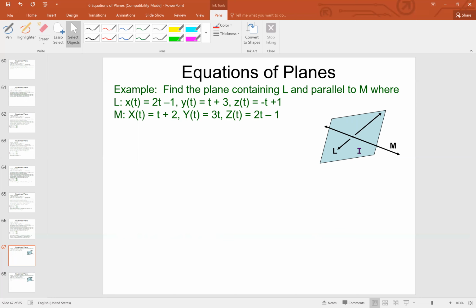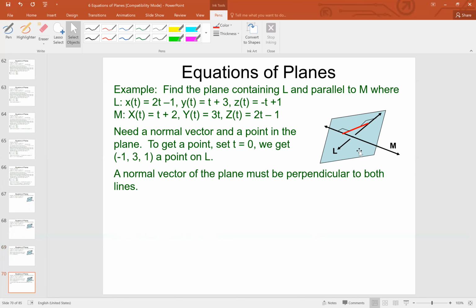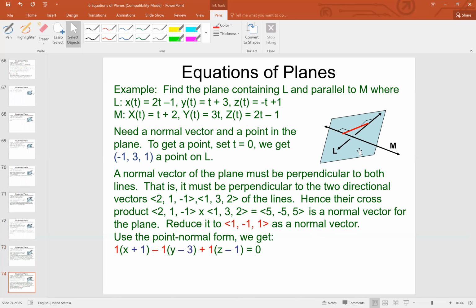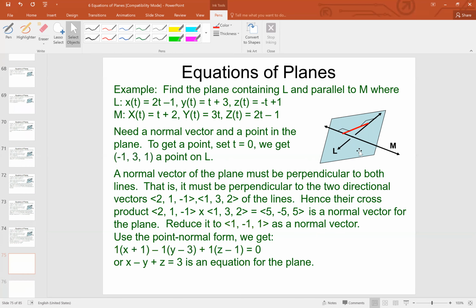That means the normal must be their cross product. In other words, the normal is perpendicular to both of these lines. First, we get a point by arbitrarily plugging in 0 to obtain a point on the line L. Second, we obtain the normal by crossing these two direction vectors. And once I have a point and the normal, we plug into the equation, and we get it.